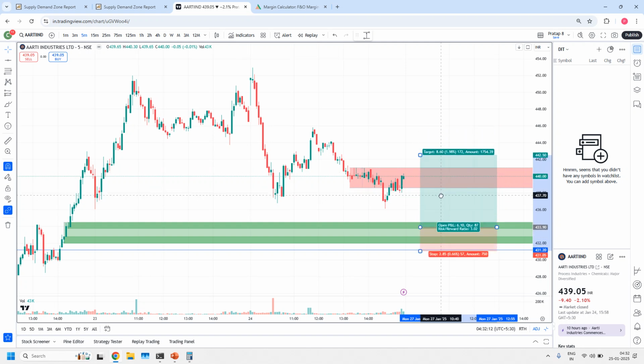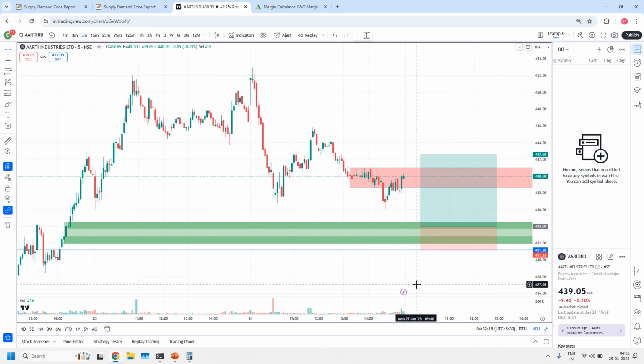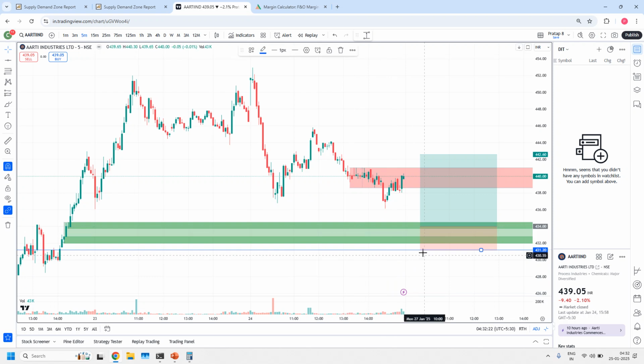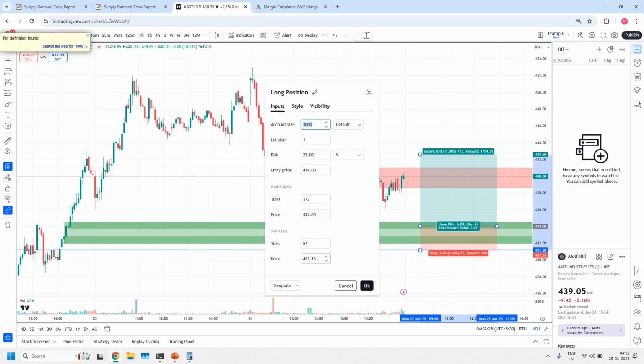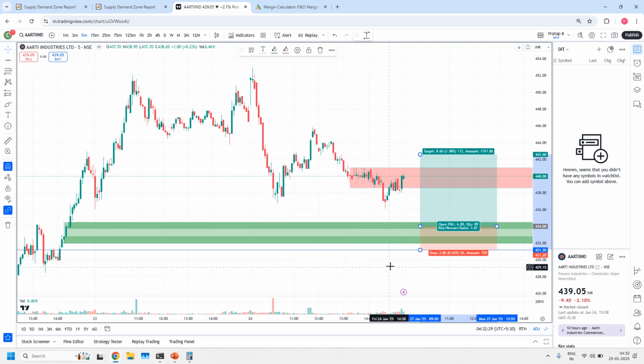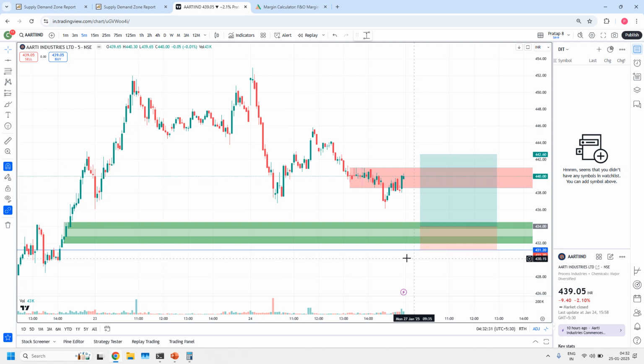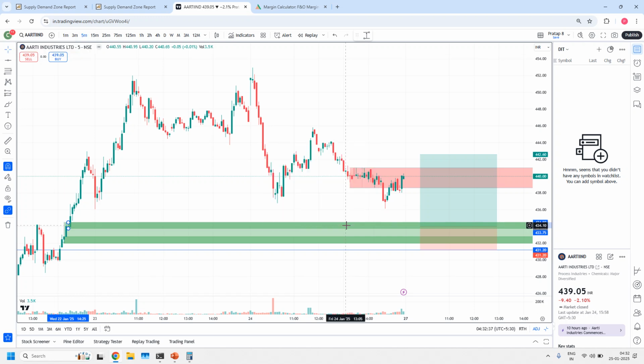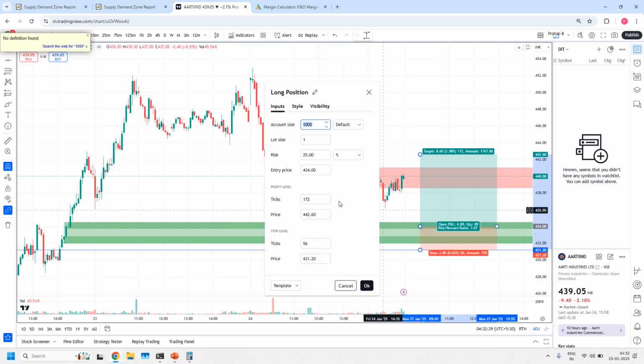The blue color line. See here, now I adjusted that blue color line. This is the stop loss. So what is our stop loss value? Blue color line, 431.20. Let me add 20. Okay, now exactly the stop loss is set. So what is the entry here? Entry is 434.50. Here you have entry 434.50 paisa.